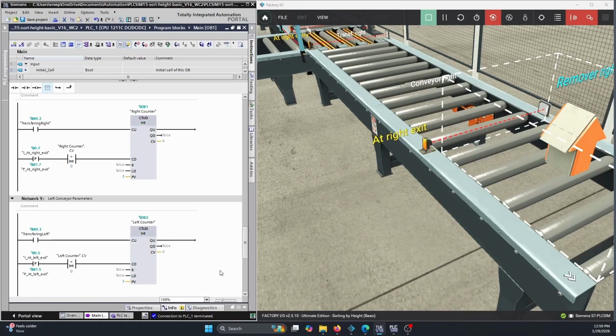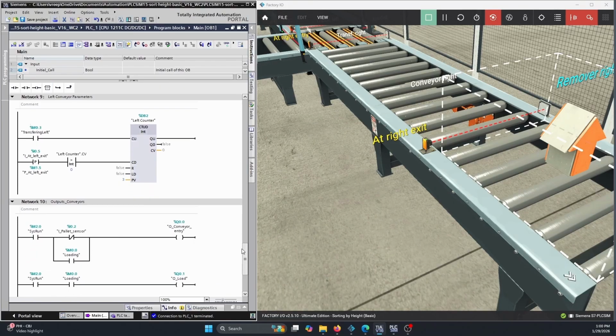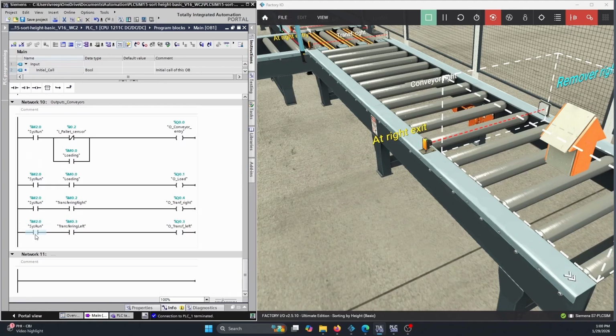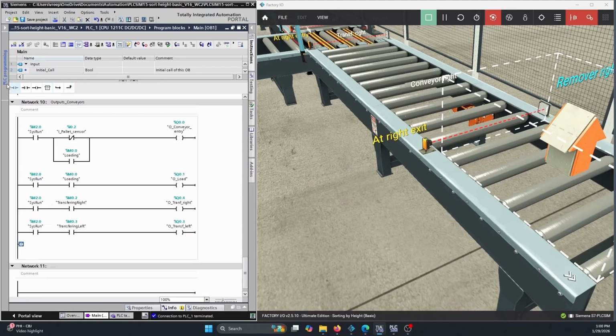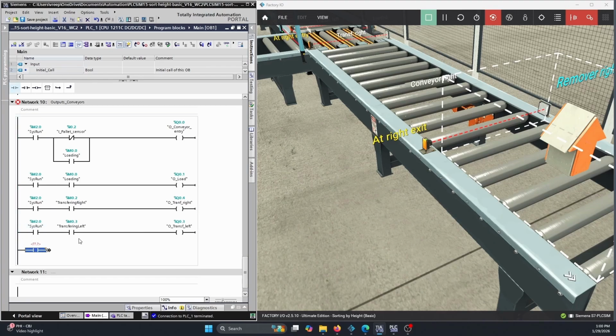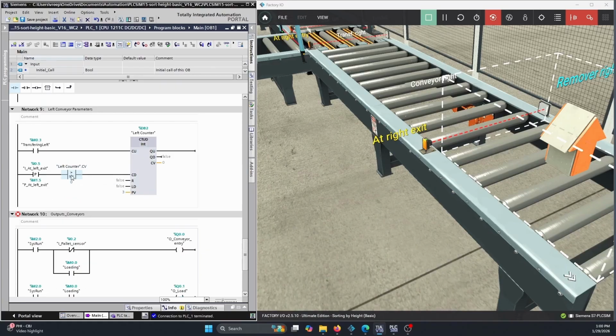Beautiful. Okay, so now we're going to make use of these, and these are actually going to control our conveyors as an output. So let's scroll down to our outputs here, and we're going to throw in 2 extra rungs. We want the system run to still be running. And then I need a greater than.